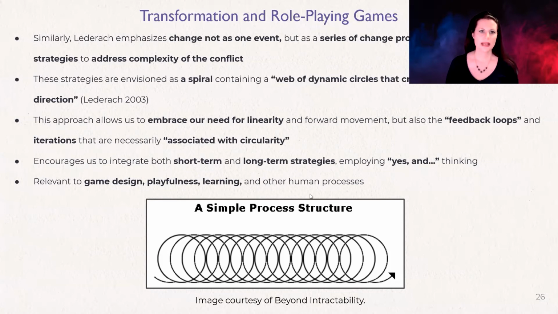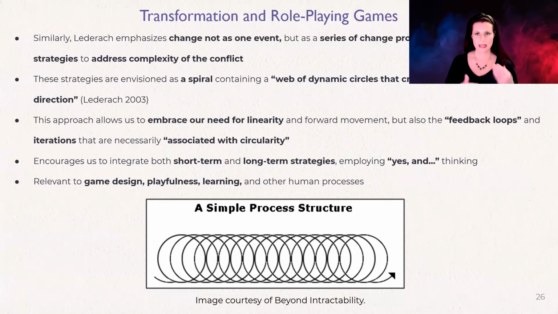So this approach allows us to embrace our need for linearity and forward movement, because we do really like linear plots, for example, storylines. We may take a bunch of random events and string them together into a coherent narrative, because that's how we make sense of the world. But that's not the way the world unfolds. Generally, things are actually a lot more chaotic and confusing.